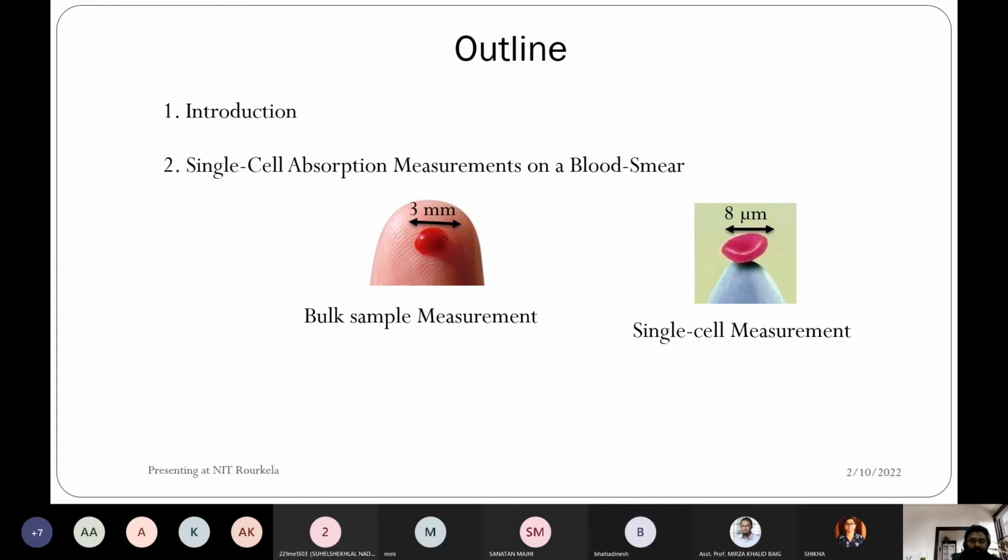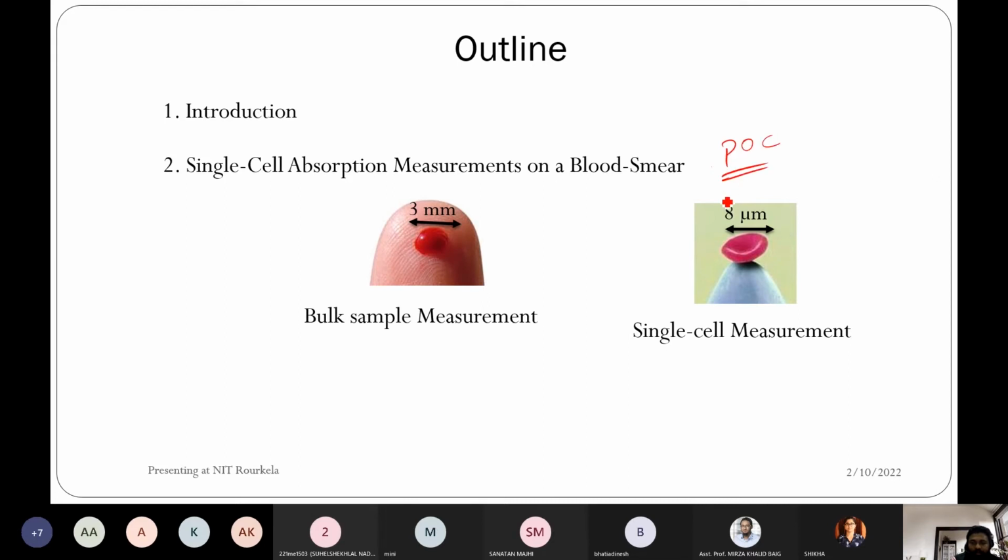Then I'll talk about my first work, which is single cell absorption measurement in blood smears. Why we started with this: it is more or less a proof of concept.